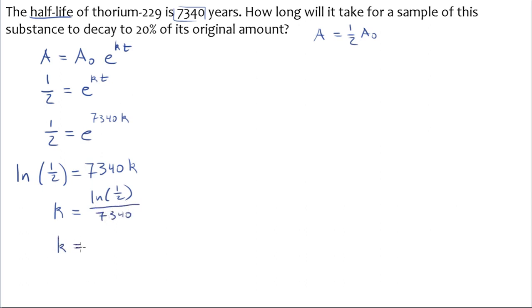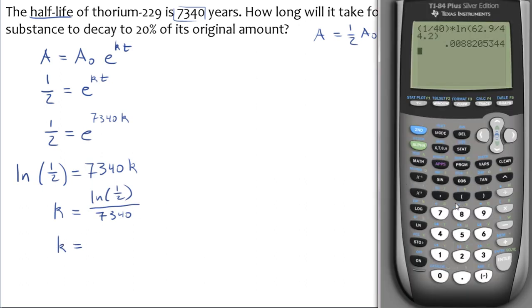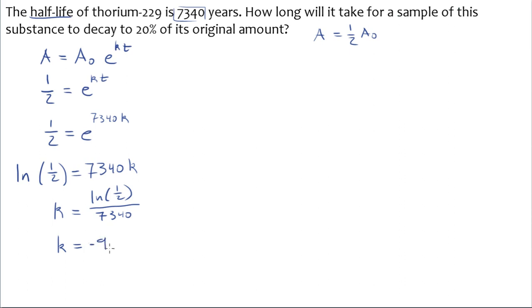Let's figure out what k is using our calculator. I'm going to take the natural log of 1/2 and divide that by 7,340. And we've got this nice little value. I'm going to store that as a variable. This is negative 9.44 times 10 to the -5th.